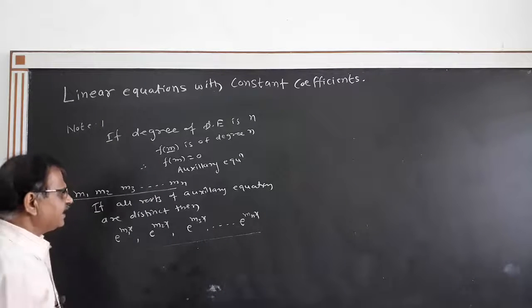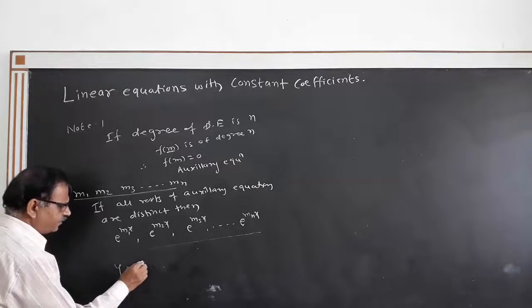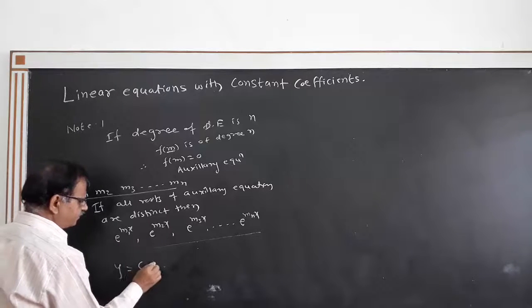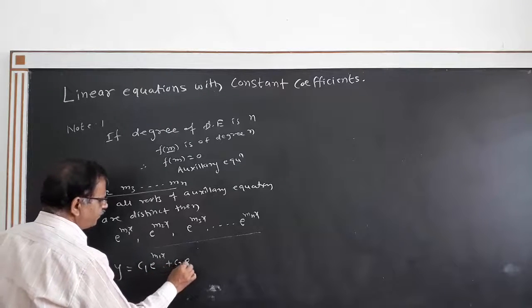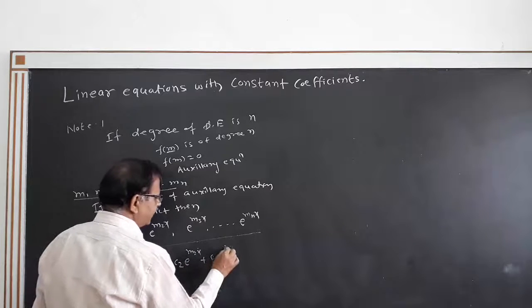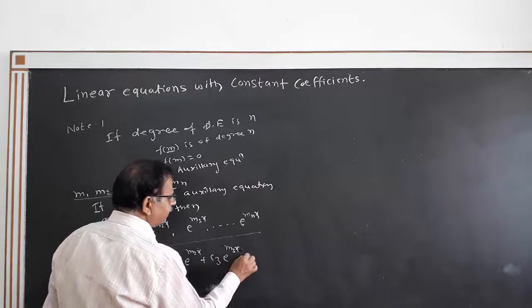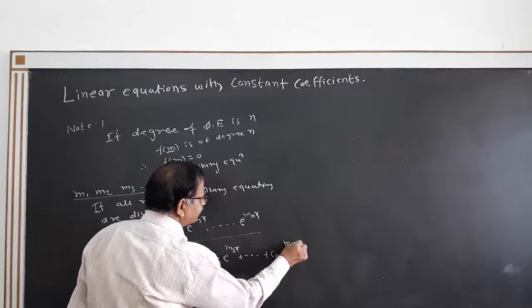And we shall write one general solution as y equal to c1 into e raised to m1x plus c2 into e raised to m2x plus c3 into e raised to m3x plus so on cn into e raised to mnx.